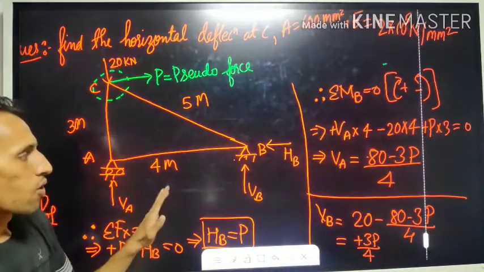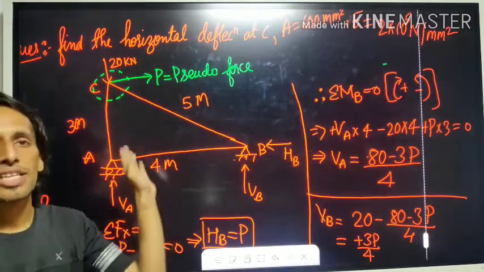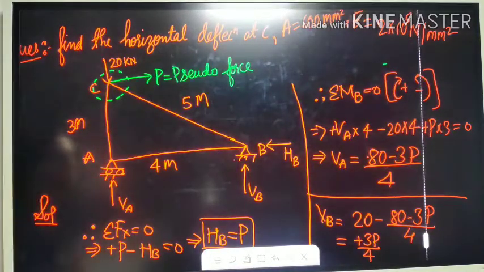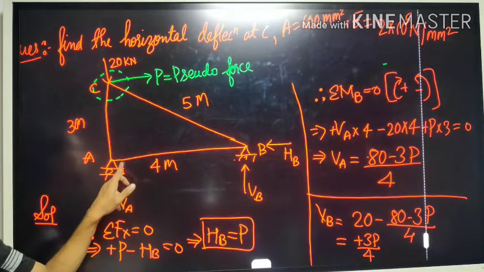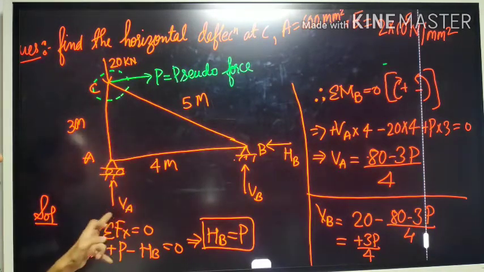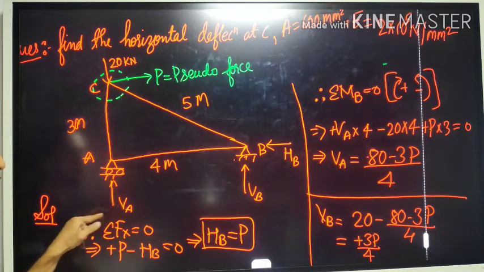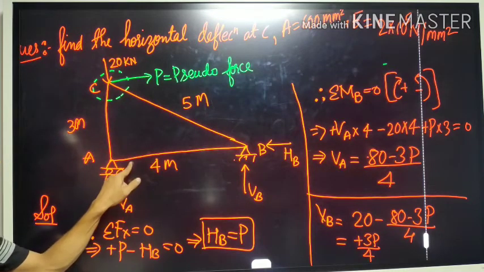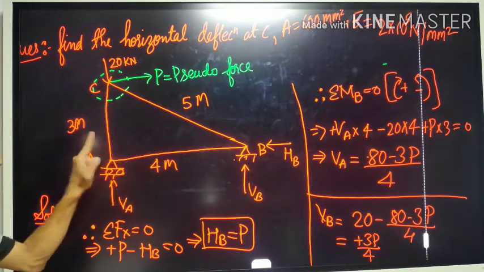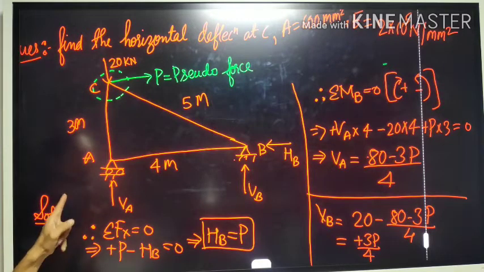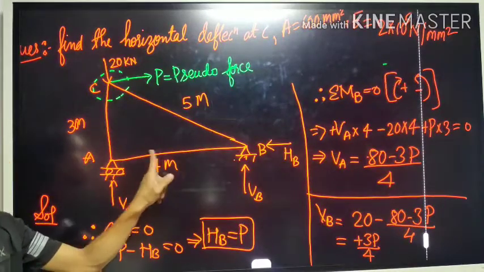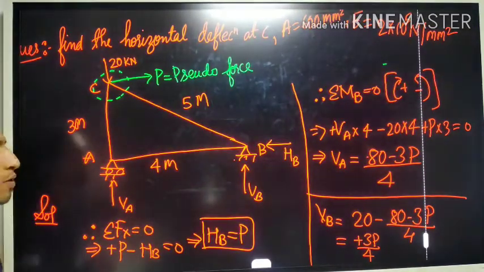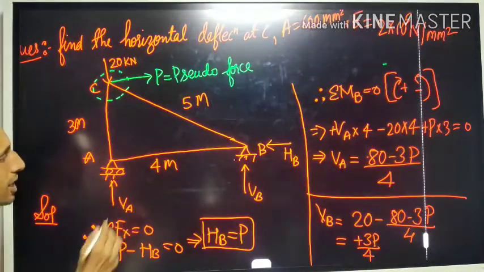Now we will start calculating the member force. So first, where should I jump? I can jump at joint A because there are 3 members and there are 3 forces, VA, AB and FAC. I can also observe that the AB member is a zero force member, so I need not calculate this value.